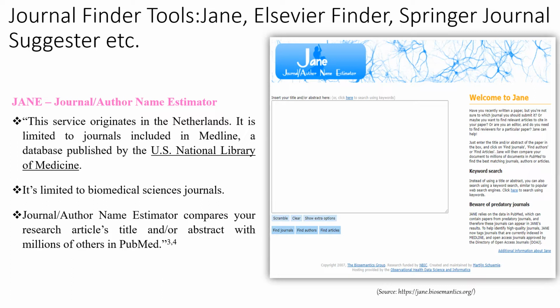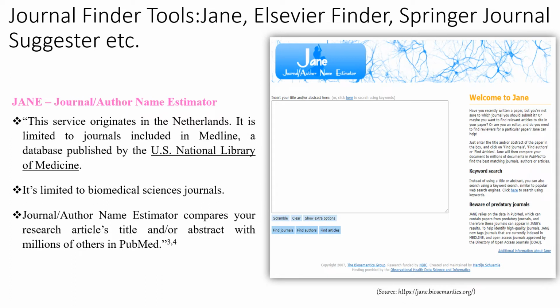As there are numerous scholarly journals available, it's hard to shortlist the possible reputed journals for the research paper. Here are some academic research tools available to help you select the best suited journals.